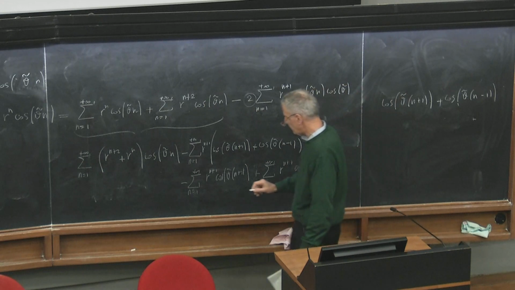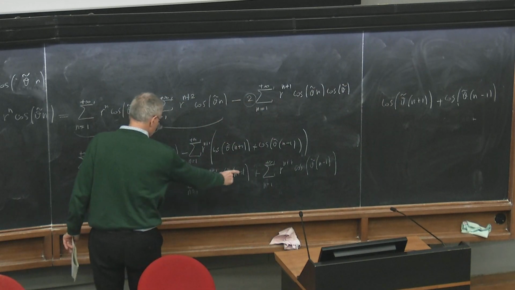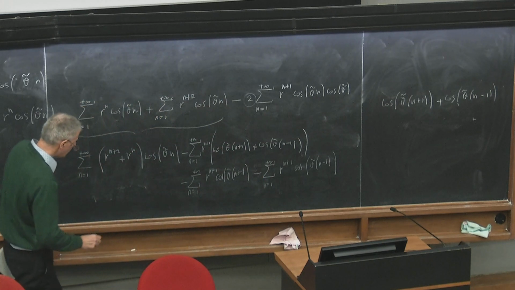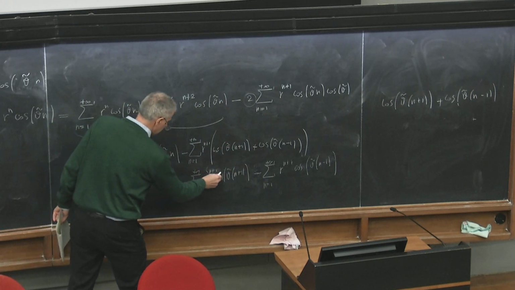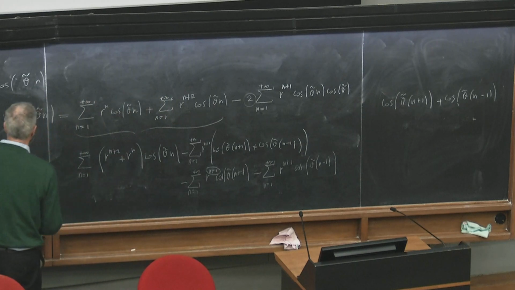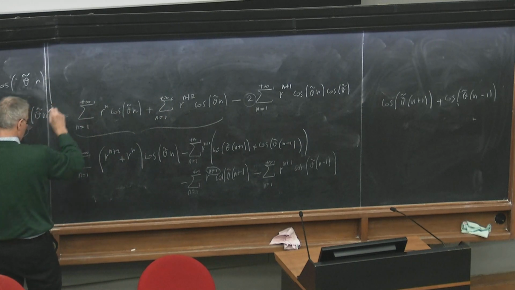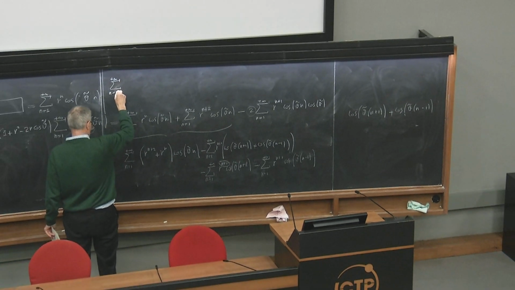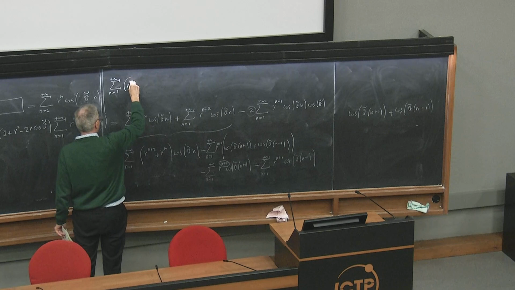So for the moment I have this minus this, minus this. Let me call this m, and let me copy this, otherwise I forget. From 1 to plus infinity, this I copy.